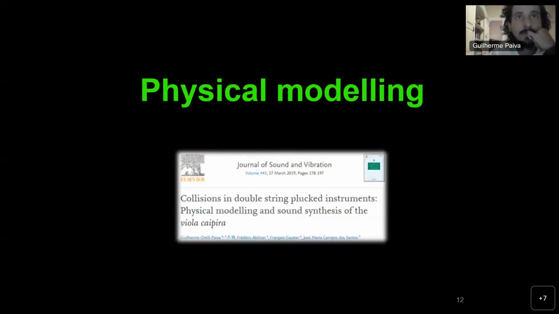And so I will present you the main aspects of the physical model that we developed. If you want to know more about this model, you can find a complete description in this JSV paper that we published in 2019, okay?